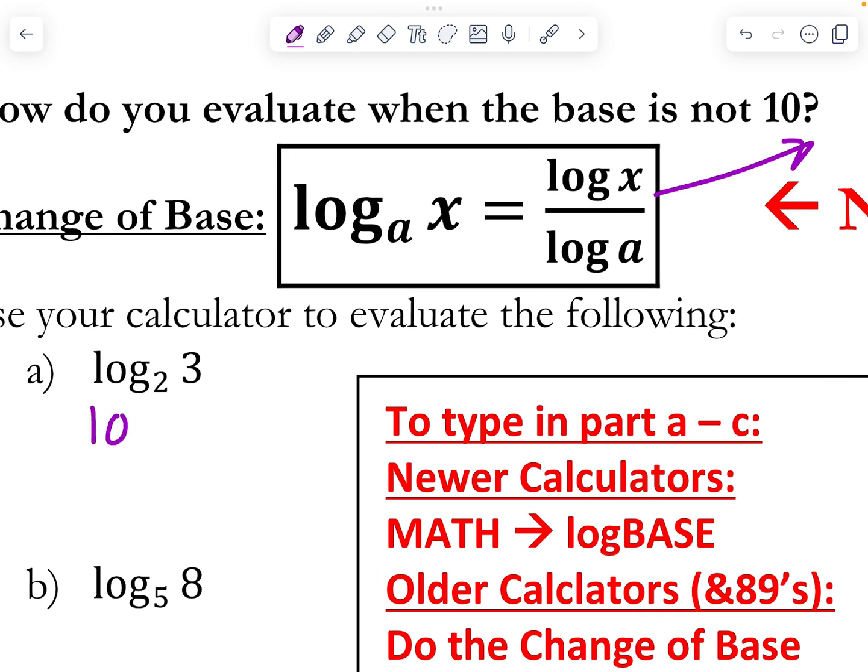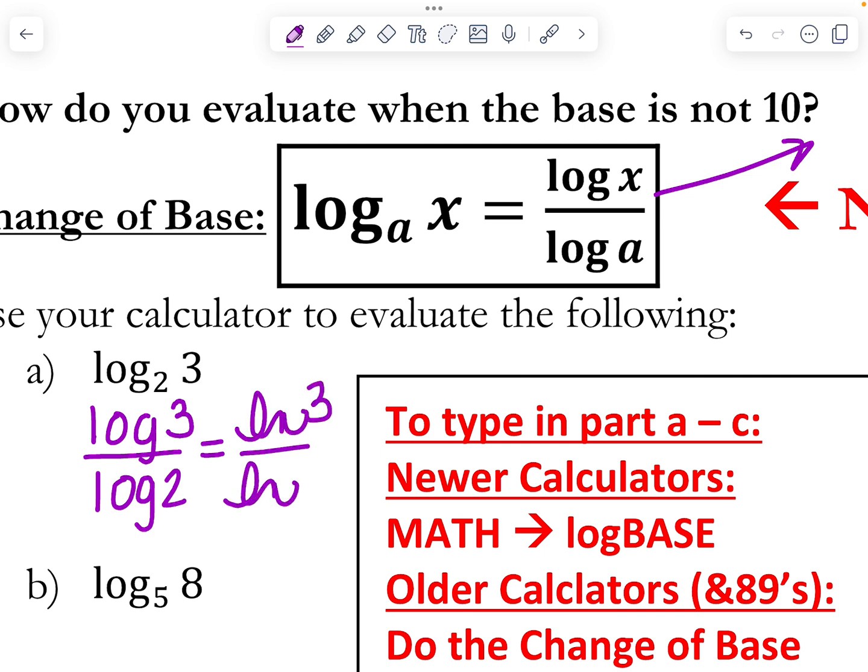So this is going to be log of 3 over log of 2. This is the same thing as natural log of 3 over natural log of 2. Those two are the same things. So if you plugged that into your calculator, that would be exactly the same thing.